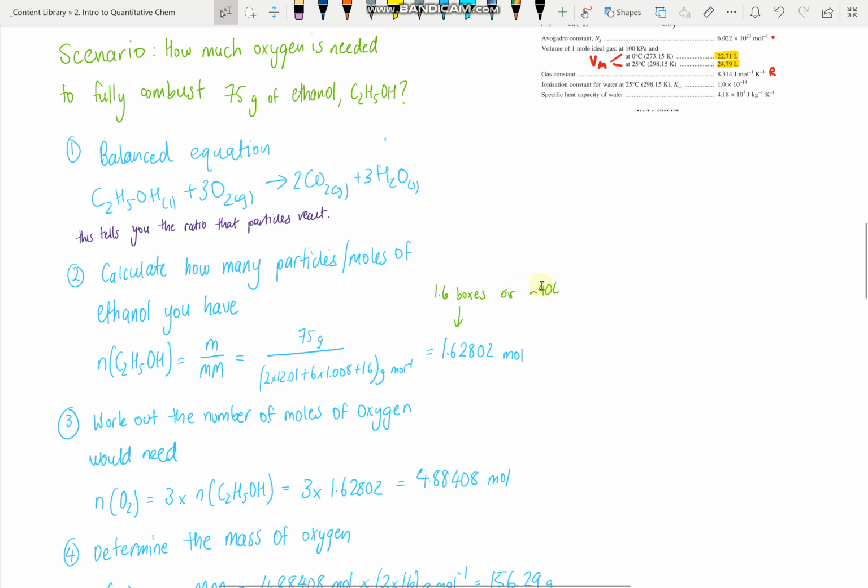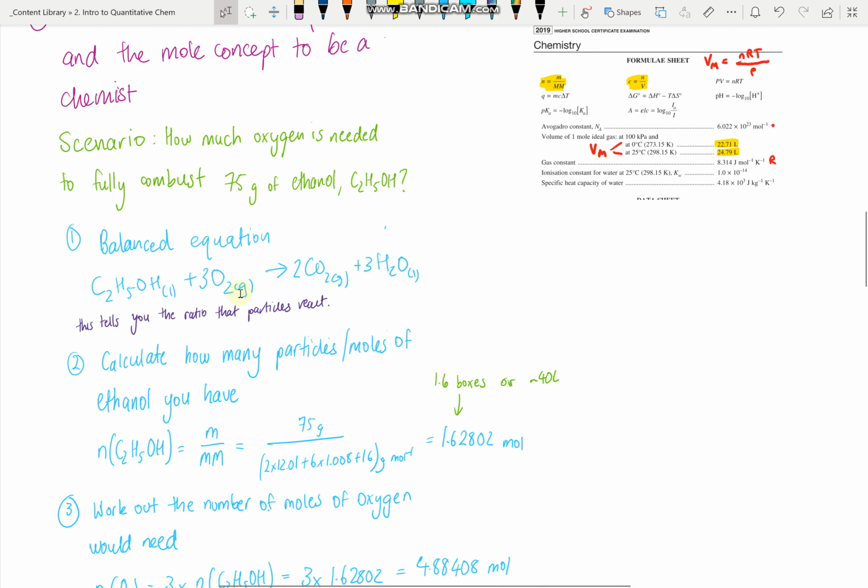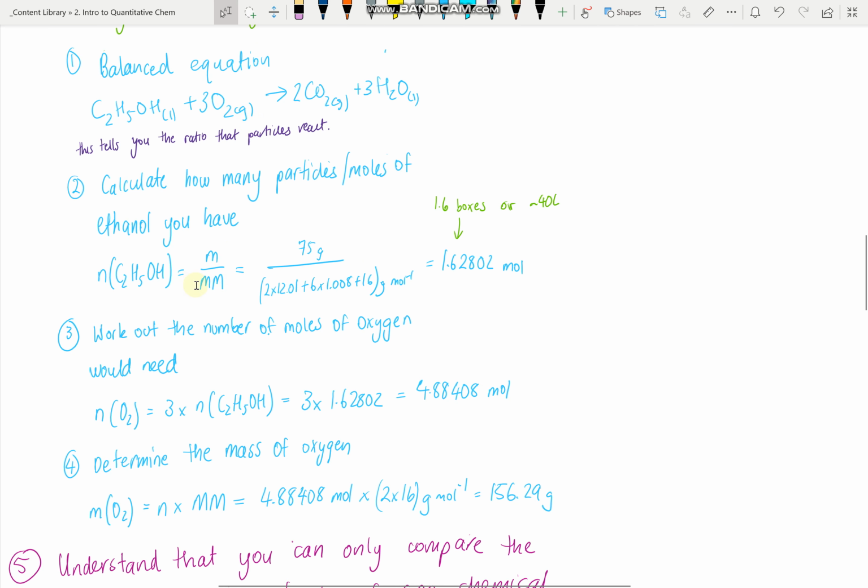Okay. If that's the case, I would need 3 times the amount of oxygen from my balanced chemical equation to fully react with all that ethanol. So it'd be 4.8, so close to 5 boxes of particles.